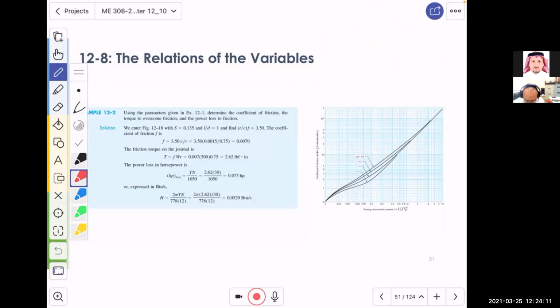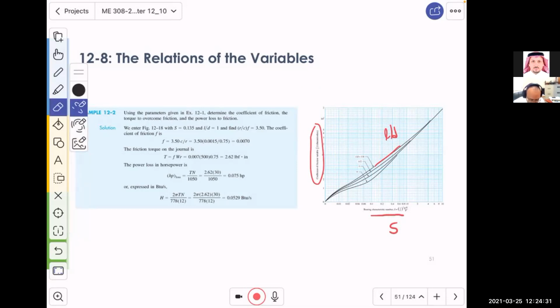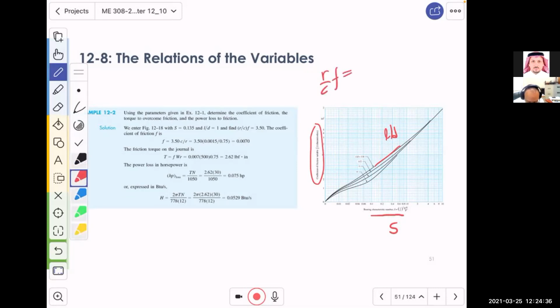Just to remind you, this is another curve which requires S from one side, L over D from the other side, and here we have a ratio, which is R over C, so it's a dimensionless ratio, R over C times F. And of course, if you know this from the y-axis and you know these values, you can divide and multiply to achieve F. Or maybe you know F and you want to know C or something else.